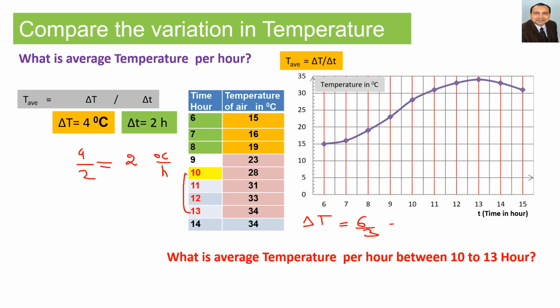So this is equal to delta T over delta t, which is 2, and the unit is centigrade per hour.